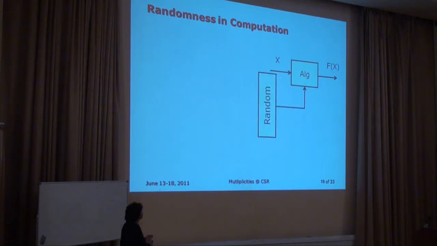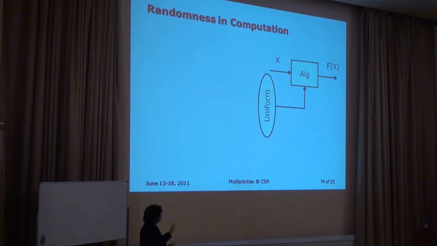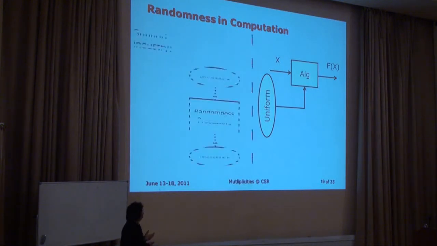In randomized algorithms, we say, well, take a large random string and also send that to the algorithm, and see how you can design algorithms that work this way. Now, when we say algorithm, the perspective I want you to think about is not that you're feeding a random string, but really that you're feeding a distribution to this algorithm. The algorithm only gets to see one sample from this distribution, but its analysis is measured as a function of this distribution.